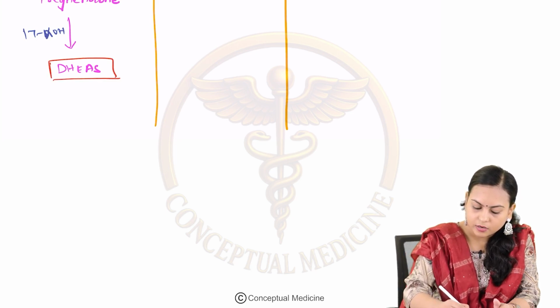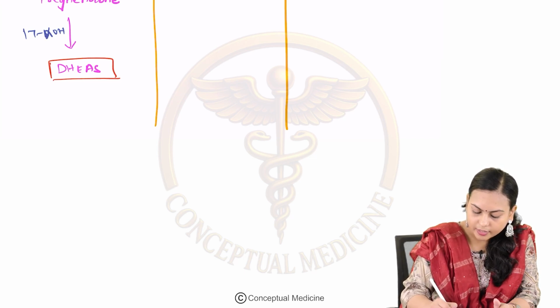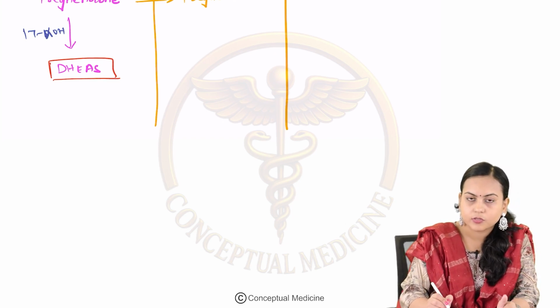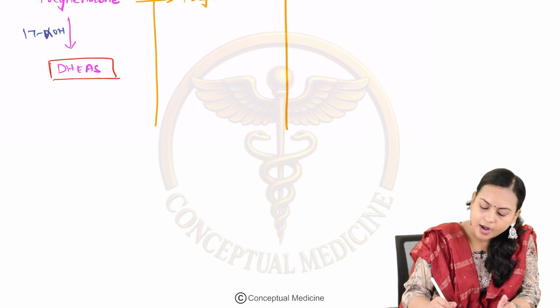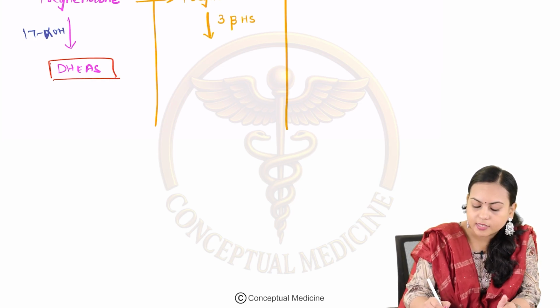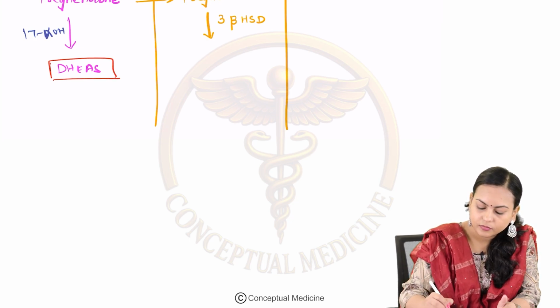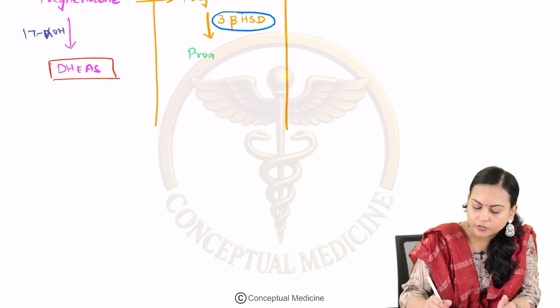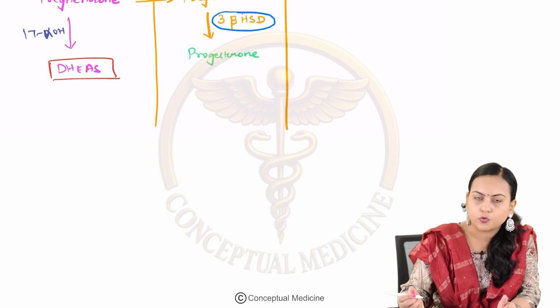Now, in placenta also, the cholesterol is going to get converted into pregnenolone, and some of the cholesterol from the mother as well as the pregnenolone from the mother is also going to pass into the placenta, and this is going to be acted upon by 3-beta hydroxysteroid dehydrogenase. Okay, and it is going to convert it into the hormone progesterone.